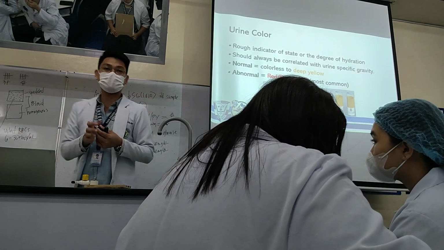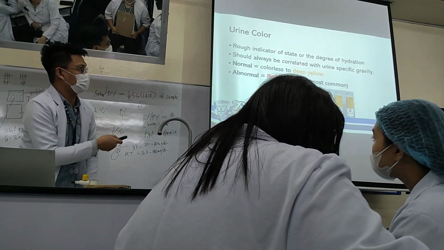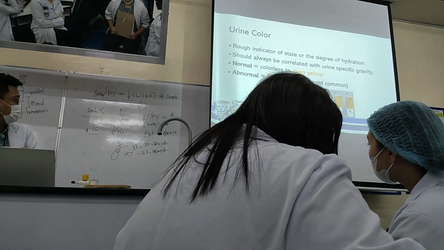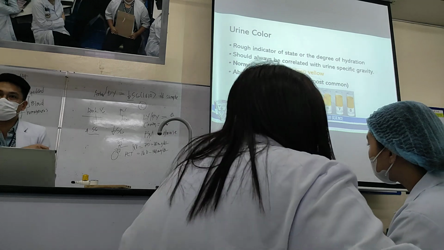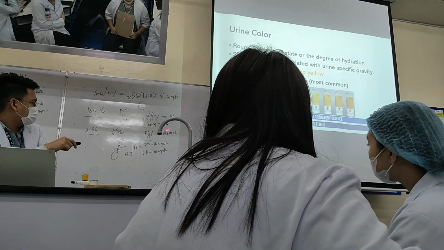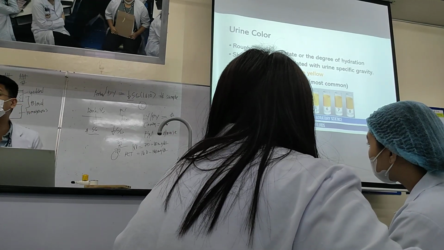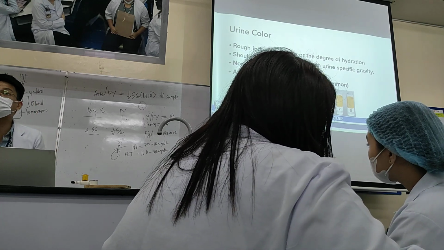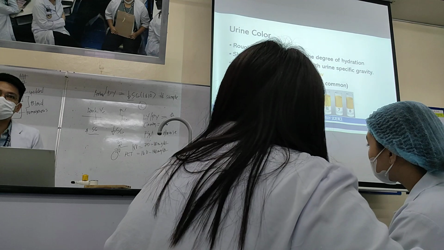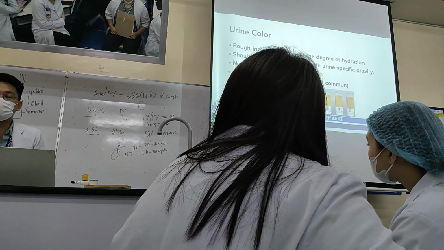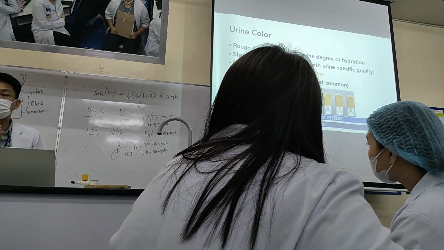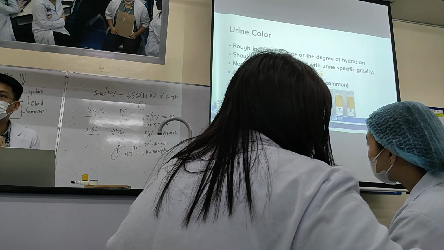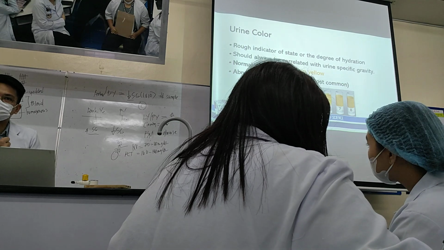Again, this should always be correlated with urine specific gravity, but it is case-to-case, so DM is possible. The sample is still clear because glucose does not contribute to turbidity. Remember, the most common pathologic reason for cloudy urine is the presence of white blood cells.